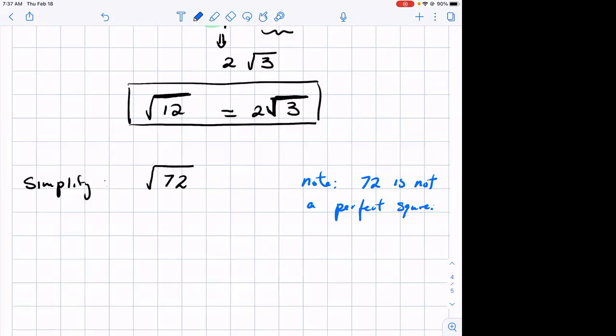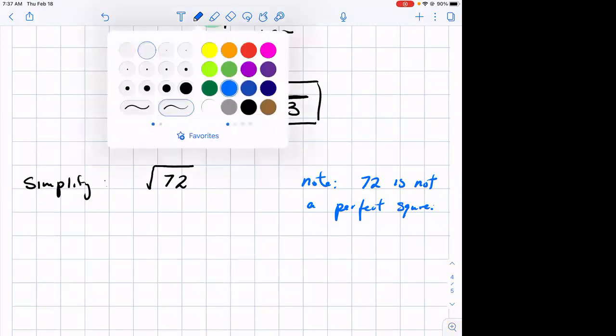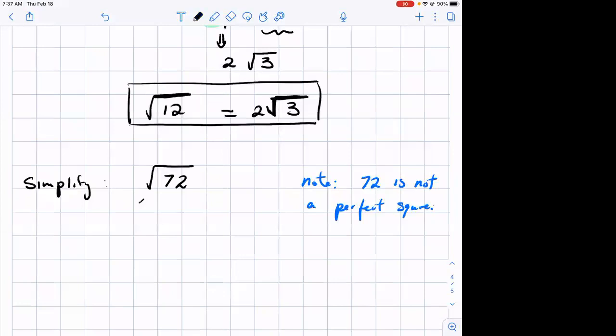Now, if we go through our list as we're doing, and we only do this sort of scrap work once you get the hang of it, you don't need to go through this list. So here we have 2 times 36. Or we have 3 times 24.